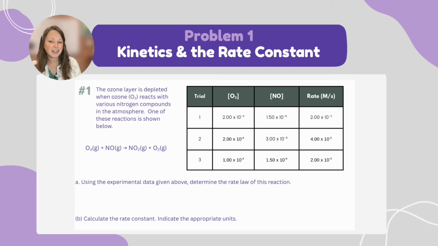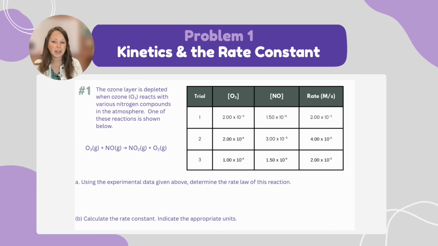So the rate law, again, is going to be the rate with respect to the reactants that describes how quickly we are forming all of those products. So what we want to do is look at the data we're given, find situations where each reactant is held constant and the other one is changed, and see how that changes the rate. So that's what we're going to do.